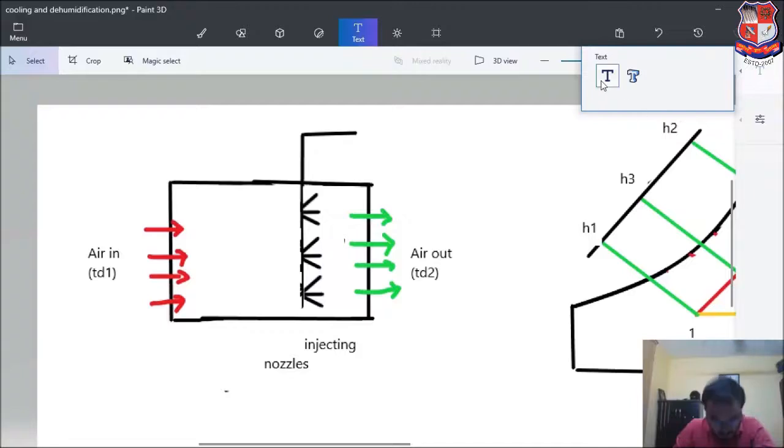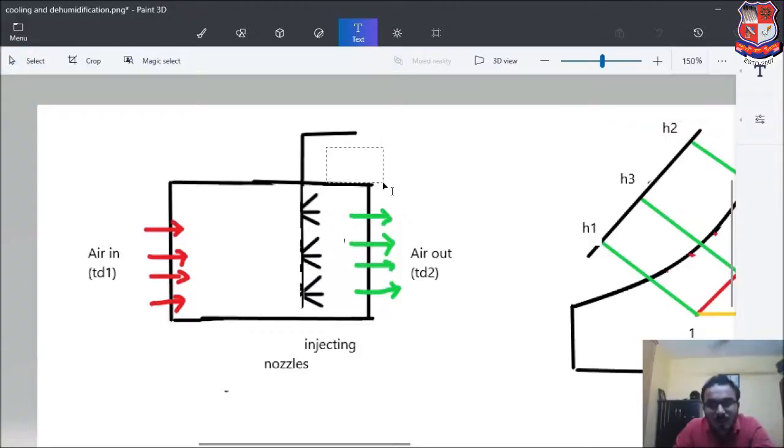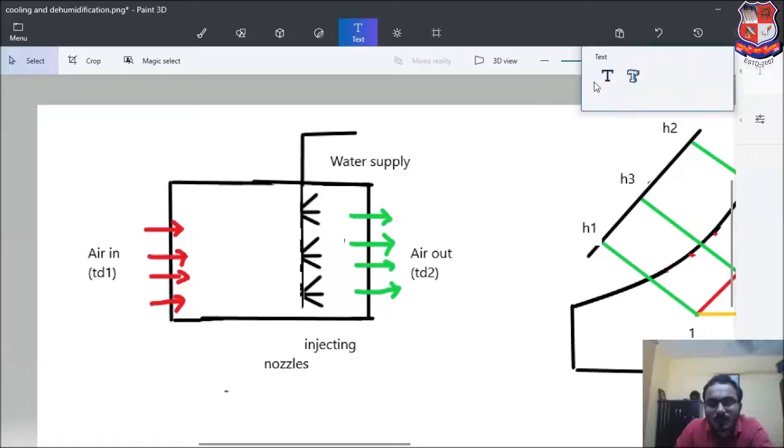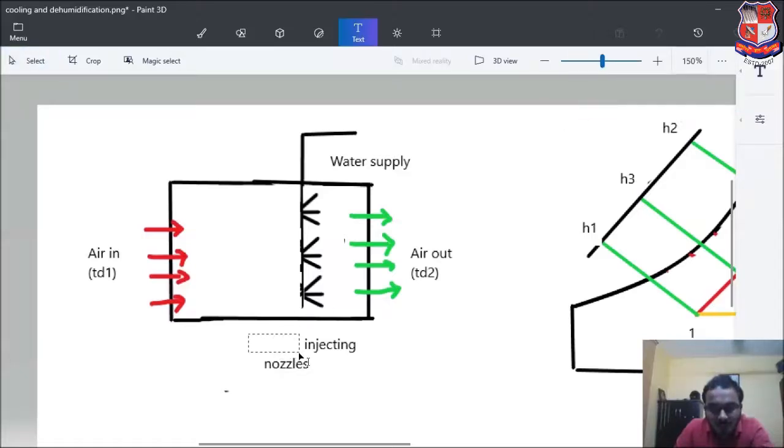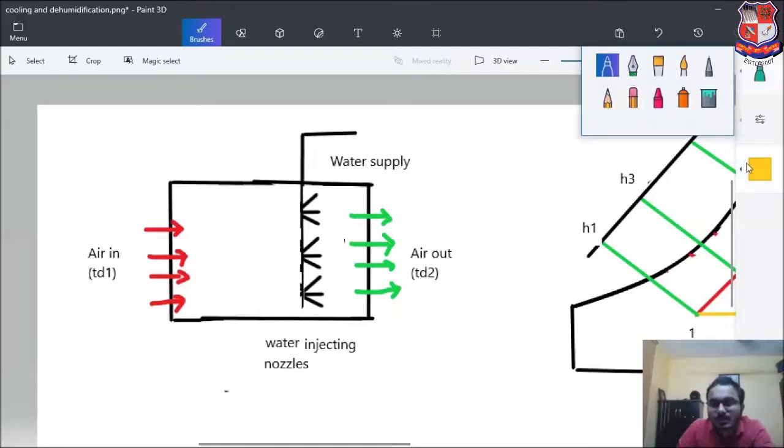Instead this will be water supply, and here we will have water injecting nozzles.